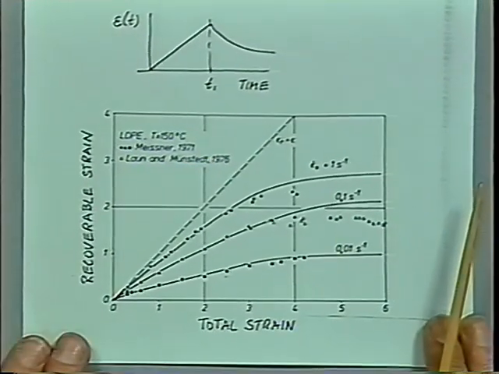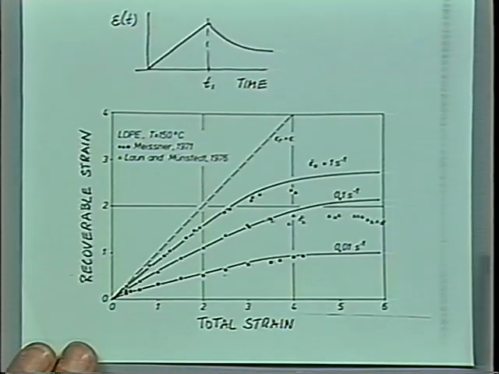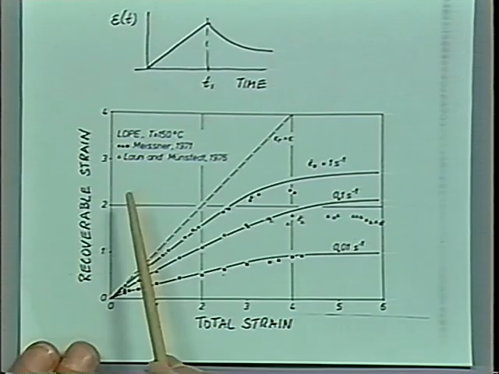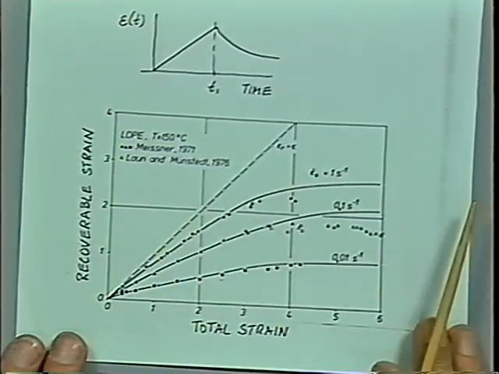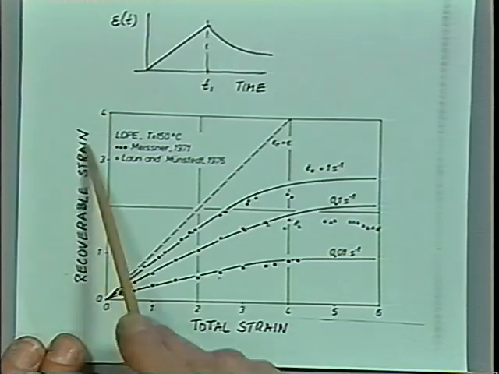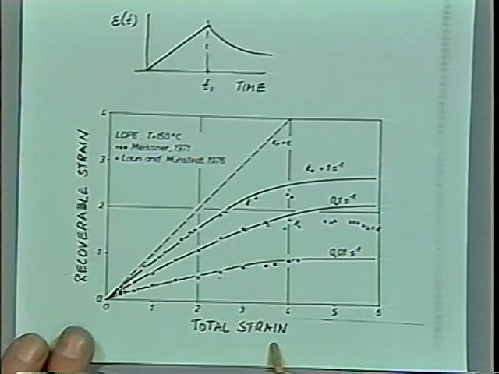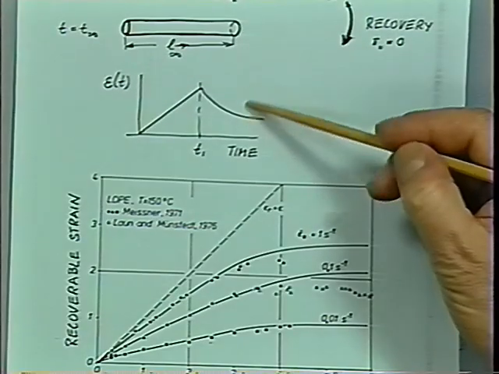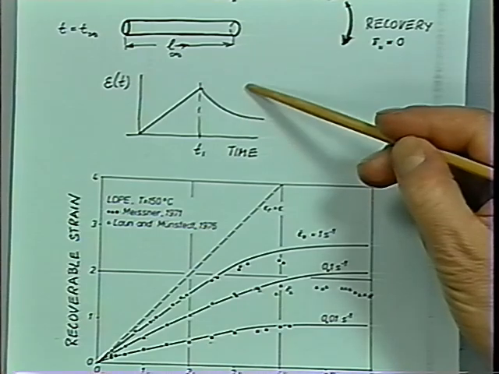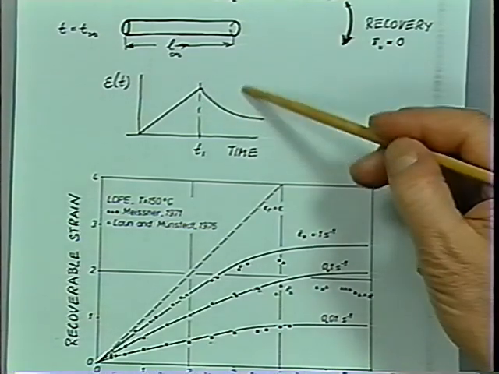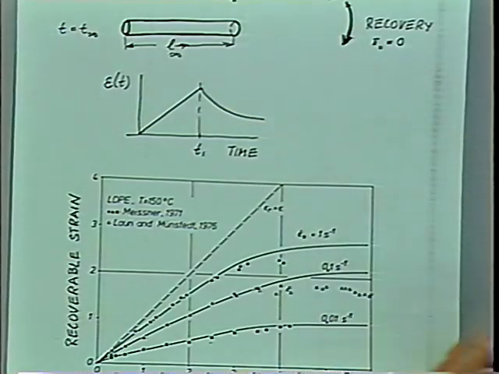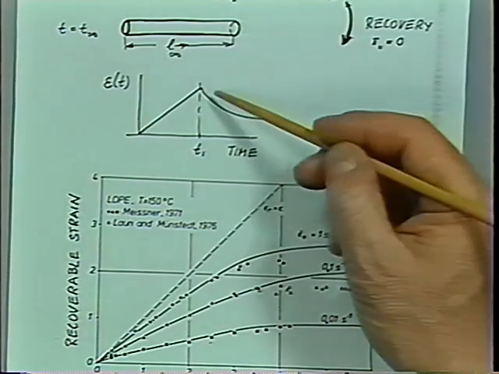The data of Laun and Münstedt have been modeled this way. The recoverable strain is plotted over the total strain. So if this is equal to the imposed strain, then you have total recovery like in a rubber band.